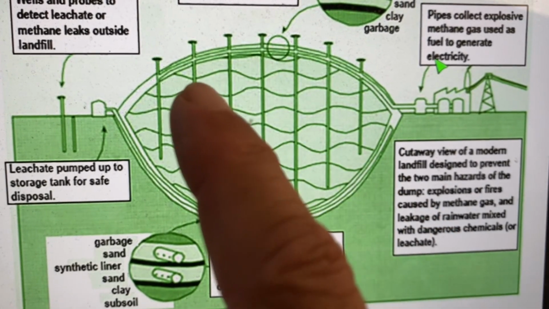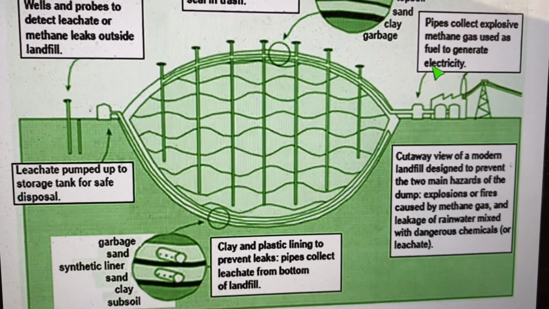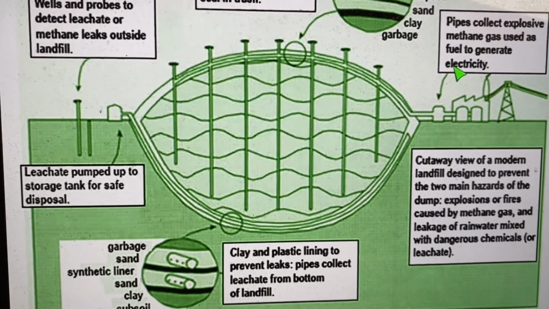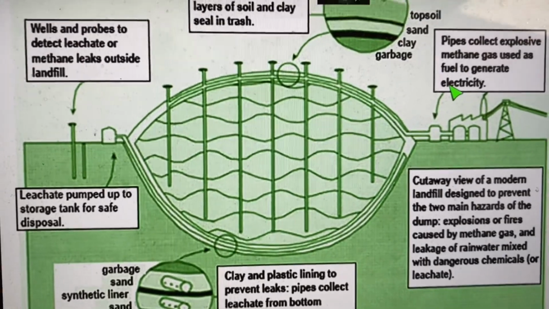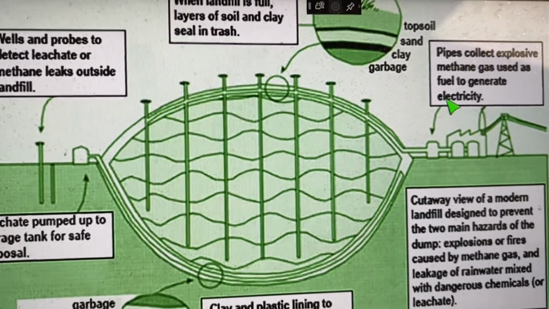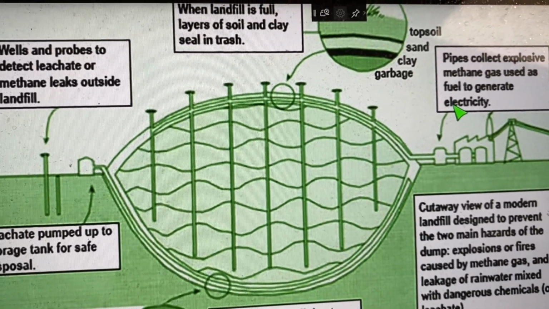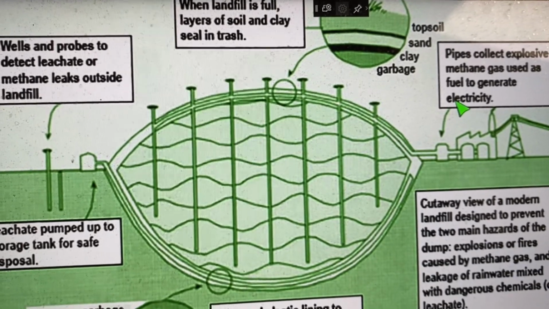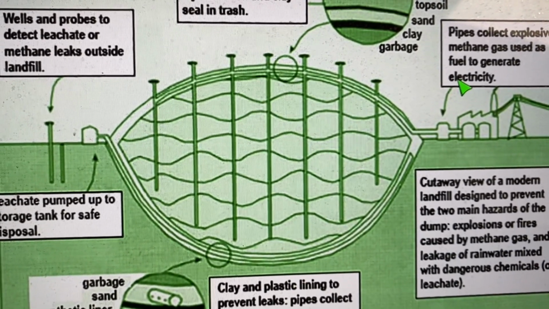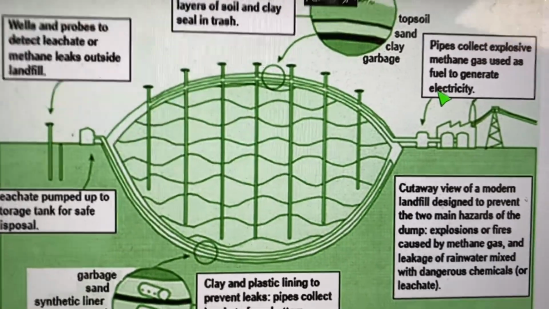So it is collected and sent to a power plant that's on site, and they generate electricity with that methane gas. It still produces carbon dioxide gas as a waste product of combustion, so it's not 100% clean, but it does use at least the product of the garbage, methane gas, to make electricity. So it's kind of an upcycled version of the garbage.